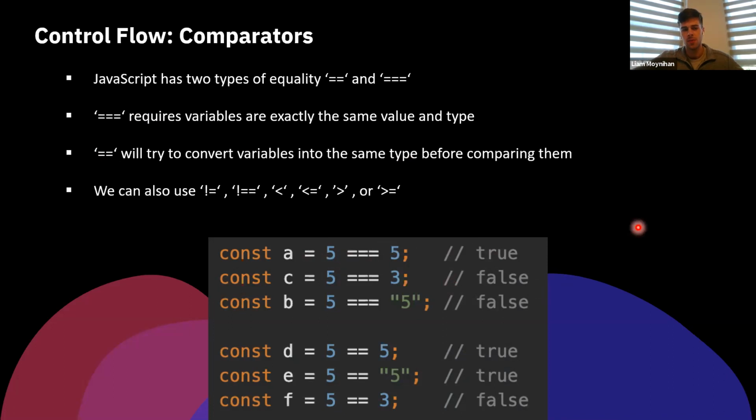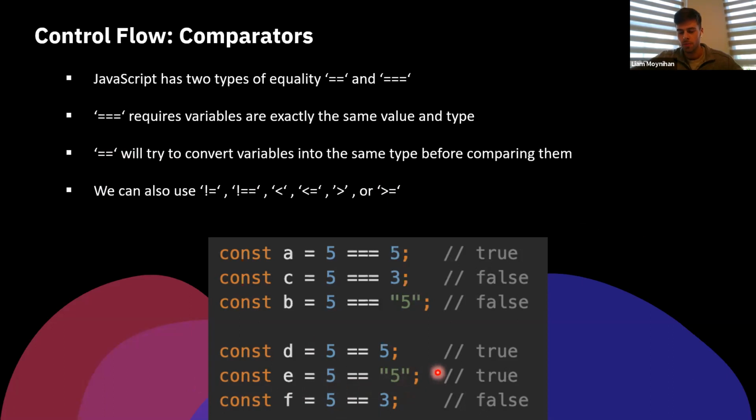Essentially the difference between the two of them is if you're using double equals, JavaScript is going to try to convert the two values into the same type before comparing them. We can see down here with E, we say 5 equals 5, but one 5 is a string. This is still going to return true because before JavaScript checks if these two values are the same, it's going to turn them both into the same type.